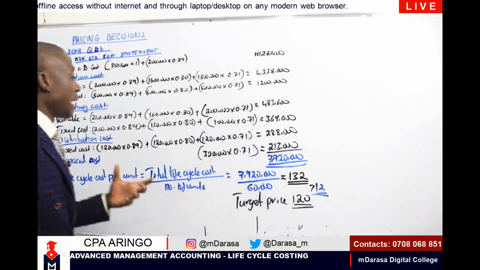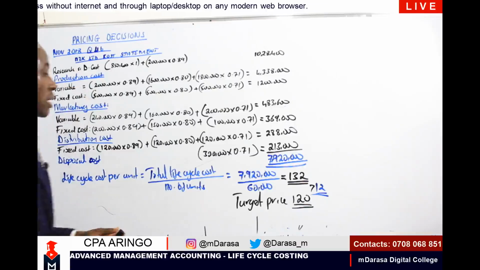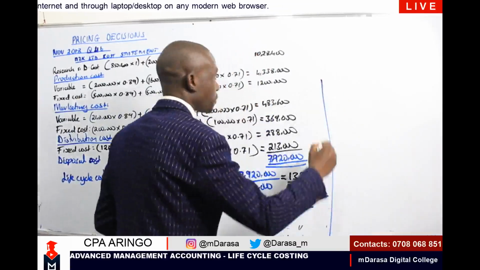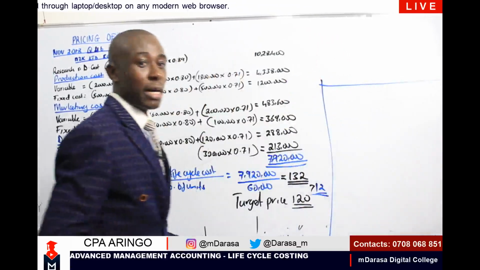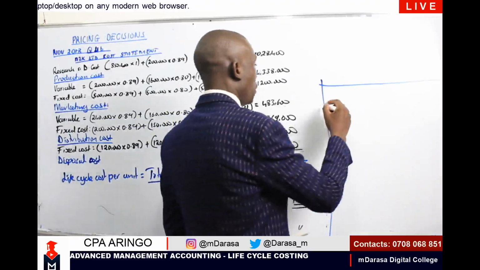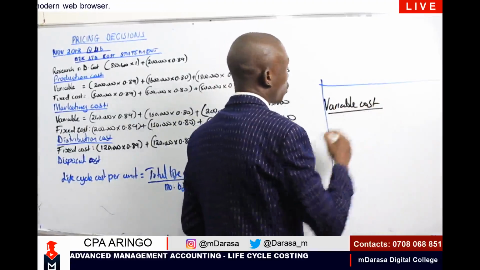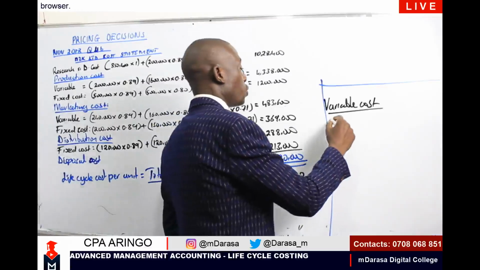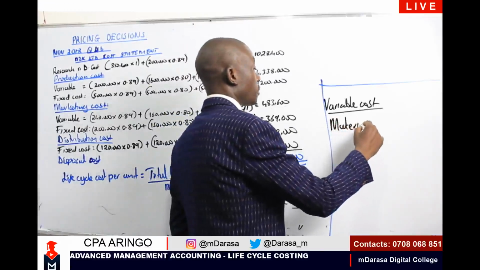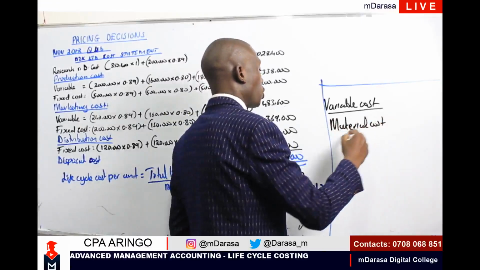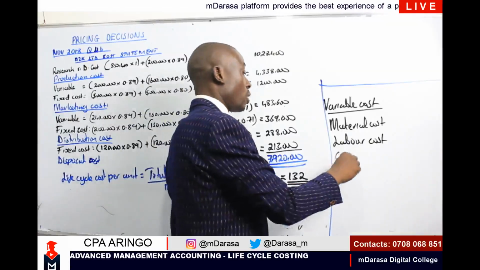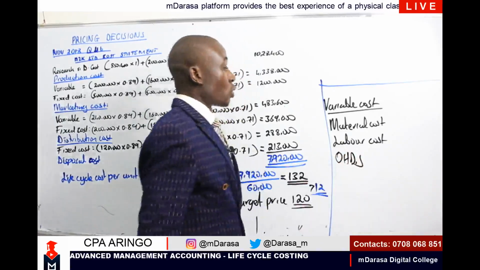It's just a matter of looking at the costs that we are incurring here. Say, for example, variable costs. We clearly know that variable cost encompasses material cost, labor cost, and our overheads.